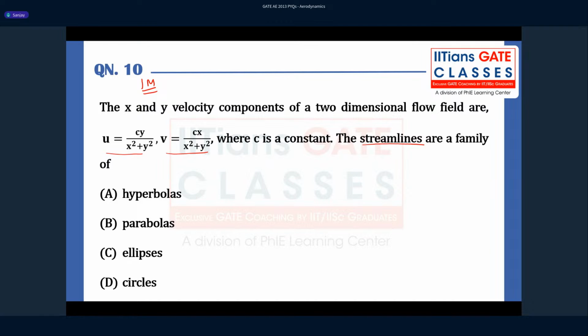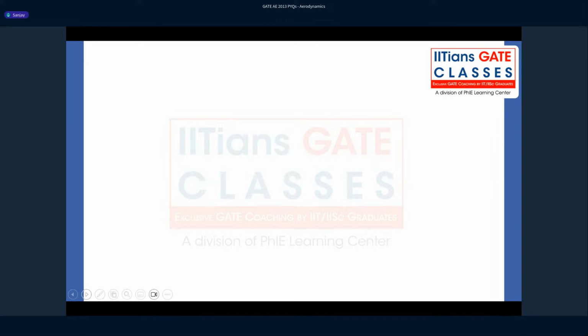So to solve this question, let's first understand a little bit about the concept of streamlines. I'm sure you would have learned about streamlines, which we most commonly and widely use to analyze flows in fluid dynamics. You would have learned this in fluid kinematics, but let me still revise it for you. So what are streamlines?